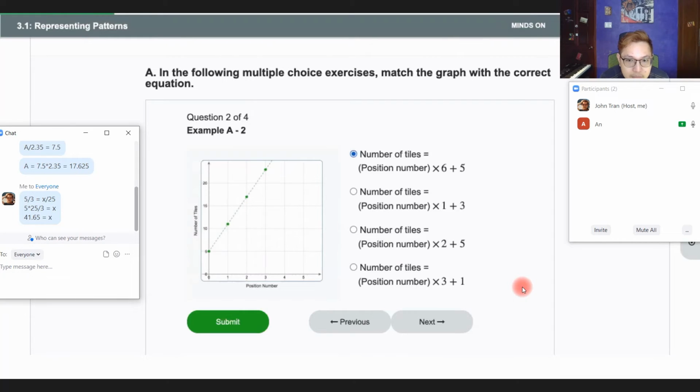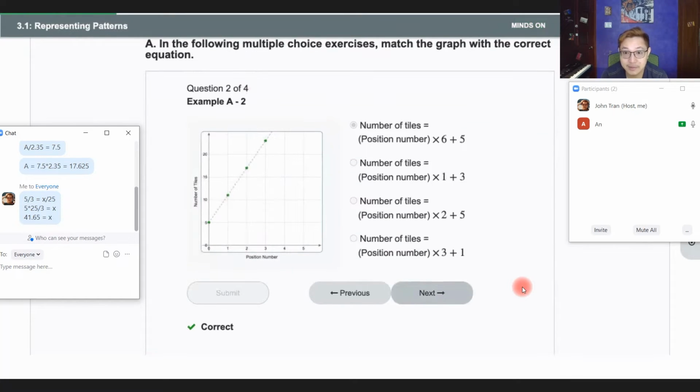So I believe this one is precision number times 6 plus 5. 0 multiplied by 6 is still 0, and then you add 5, so you got 5 here. Okay, and then the second point, put 1 in there. 1 times 6 is 6, and then you add 5, so you got 11. Okay, that's great. You need only 2 points for a linear equation, because the other points will prove true anyway. Okay, very good. Next.